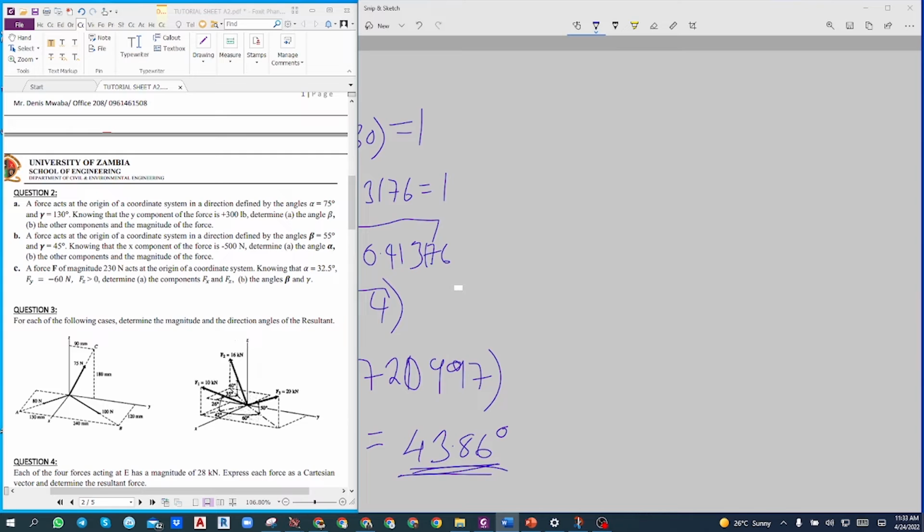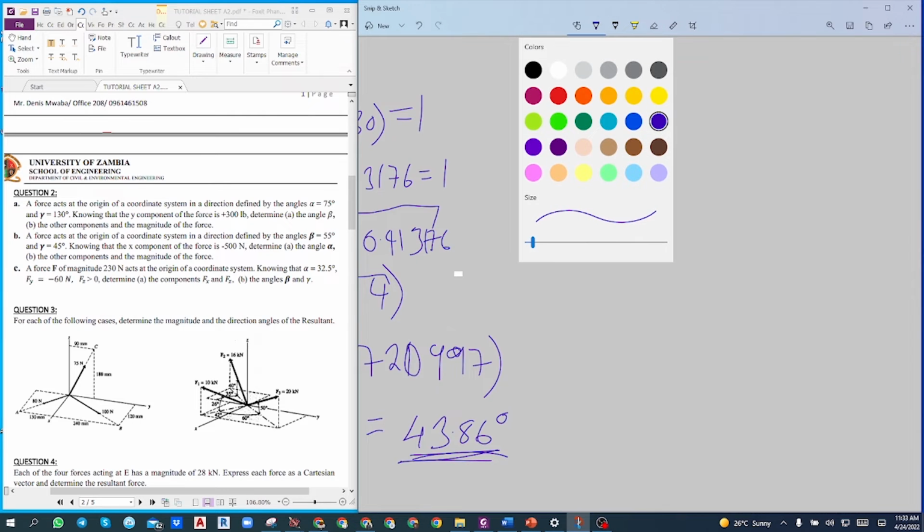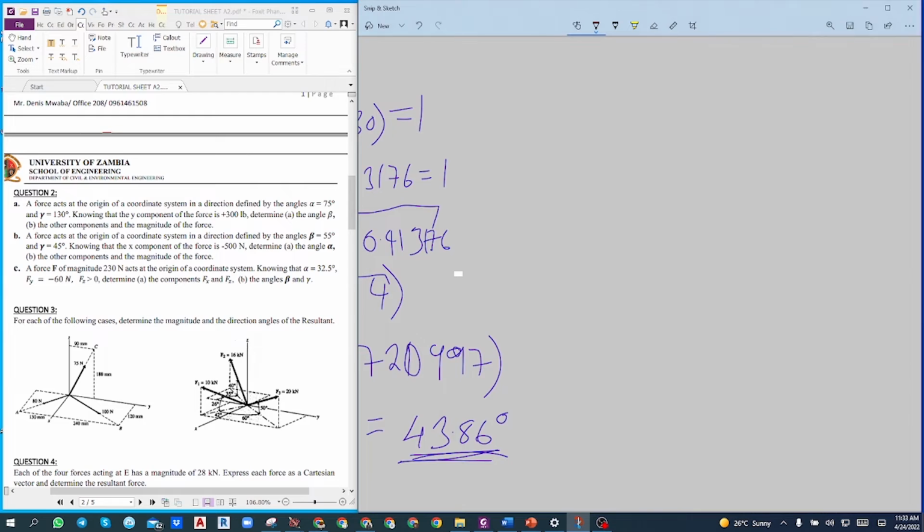So first we'll need to use this beta to find the magnitude of F. Okay? So we know that Fy, yes, let's change the color to brown. We know that Fy is equal to F cos beta. I'm sure we know this.